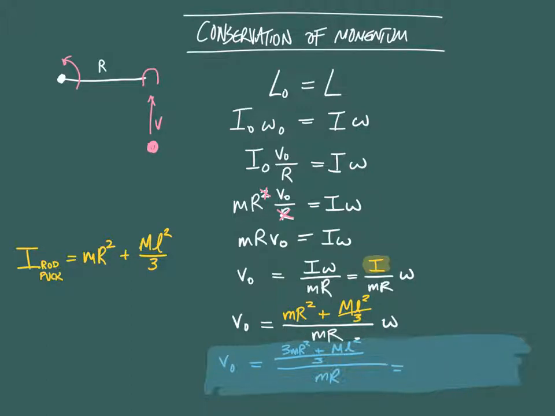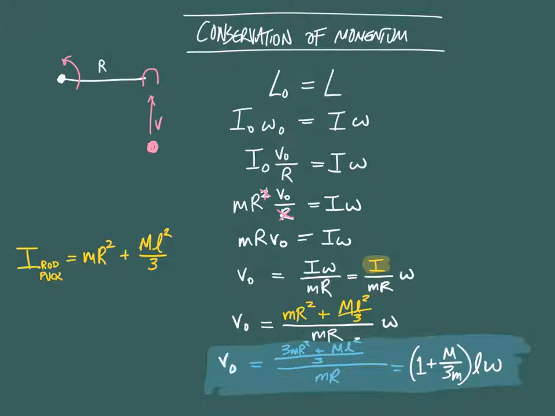So what this will bust down to, when you go through all this rigmarole in the math, is V naught will equal 1 plus mass of the rod over 3 times the mass of the puck, times the length of the rod, times the angular speed.